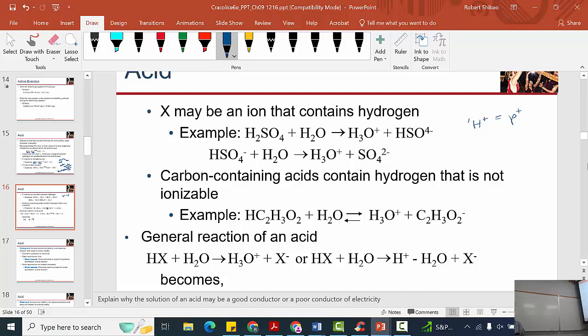If I'm looking at deuterium, there would be a neutron and a proton, so we wouldn't call it a proton. But if I'm looking at hydrogen 1 losing an electron, then all that's left is a proton. And so we call this a proton.